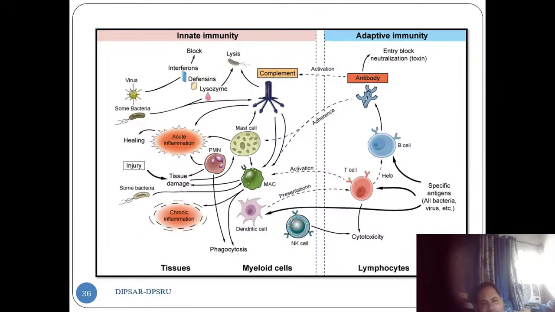So all these pathways, and how, when your innate immune system is not able to handle the pathogenic substances by these innate immune signaling pathways, it will be handed over to the adaptive part. So adaptive presentation is done by the APC, antigen presenting cells, and there is a role of MHC. If it is caught by MHC2, it will be presented to the helper T cells.